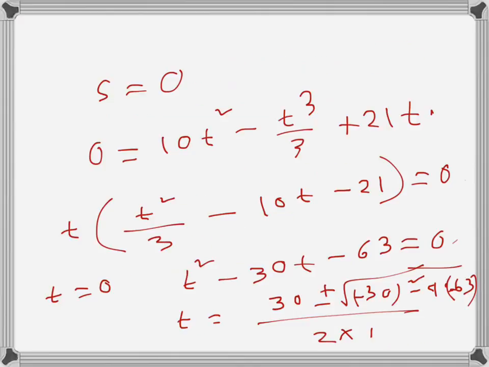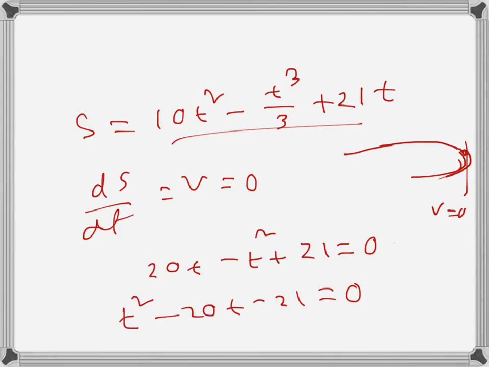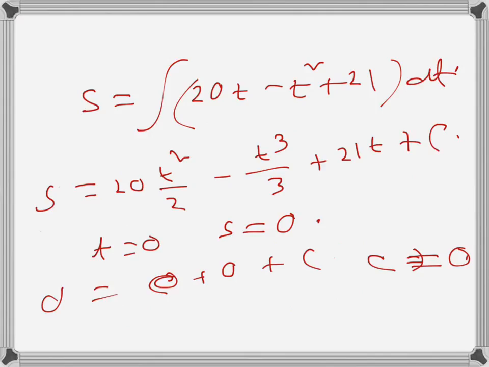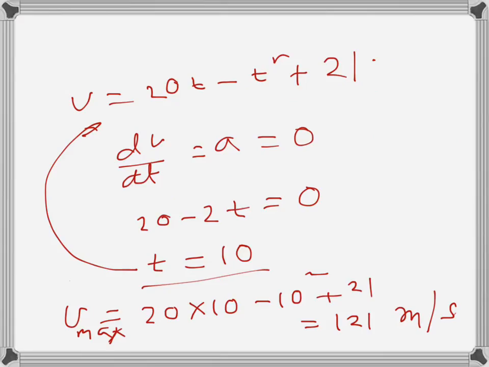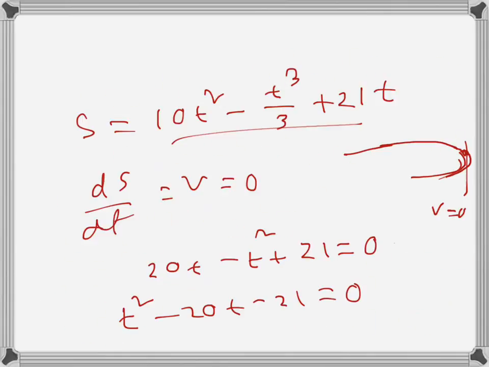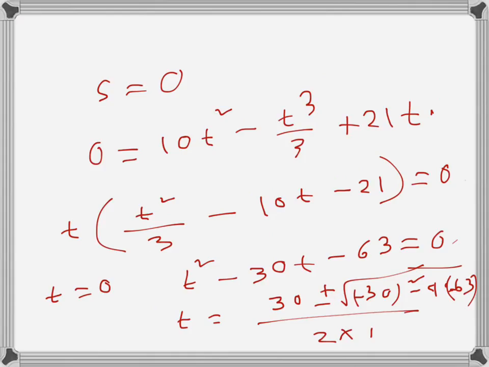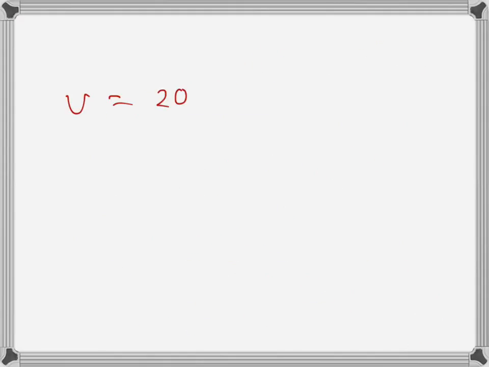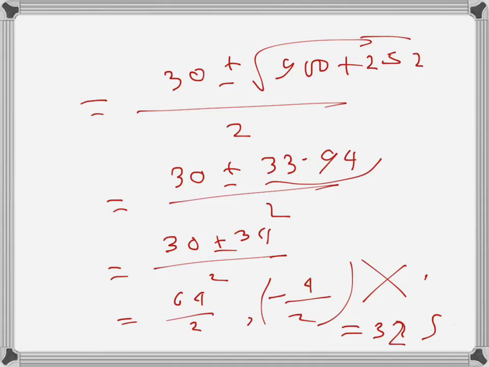And what's the velocity at that time? The velocity equation is 20t minus t square plus 21. So we just plug in the value 32 here.